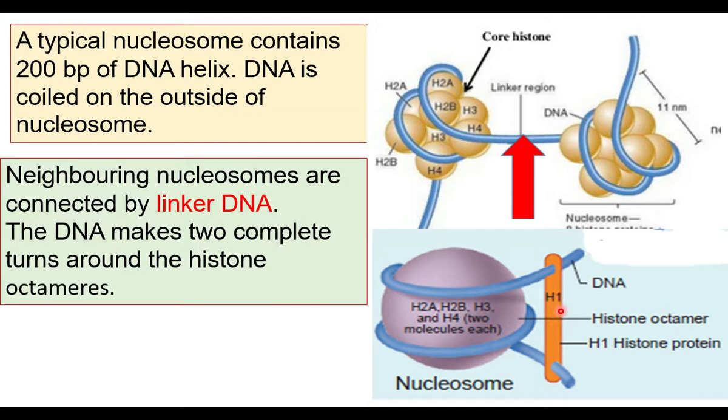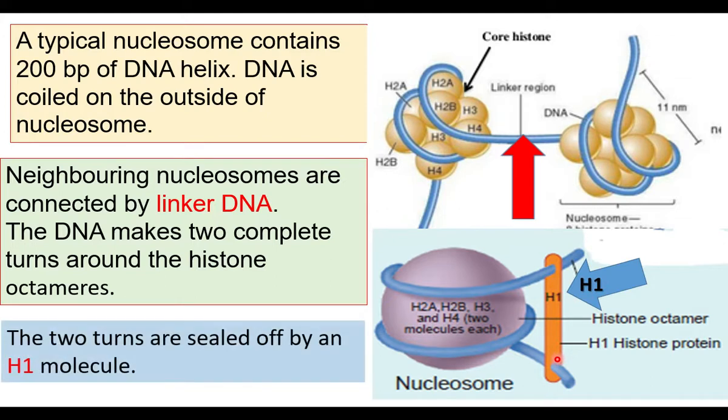The H1 is a linker histone. It connects the two coiling of DNA. The yellow colored one is histone 1. The two strands of DNA are sealed off by an H1 molecule.